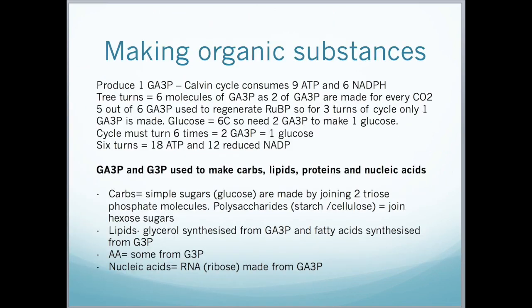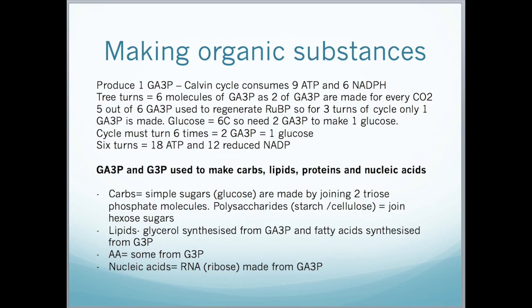To produce 1 GA3P, the Calvin cycle needs to consume 9 molecules of ATP and 6 molecules of NADPH. So when the cycle turns 3 times, we get 6 molecules of GA3P, as 2 of them are made for every CO2. So 5 out of the 6 are then used to regenerate RuBP. So for 3 turns of the cycle, only 1 GA3P is made.